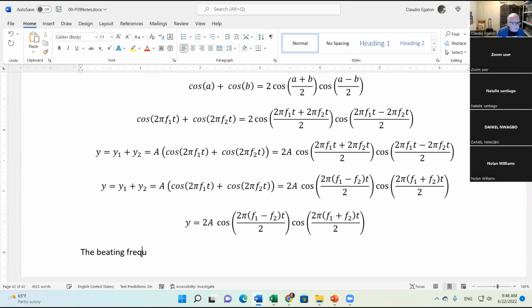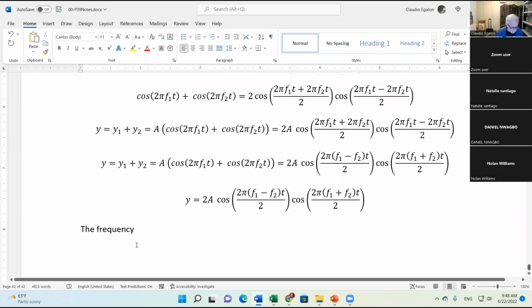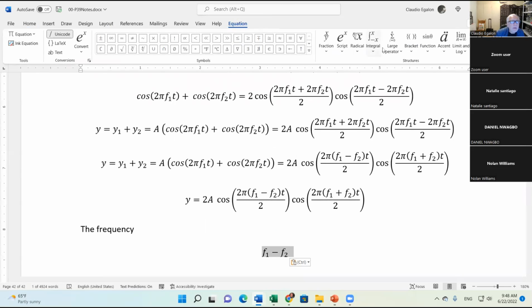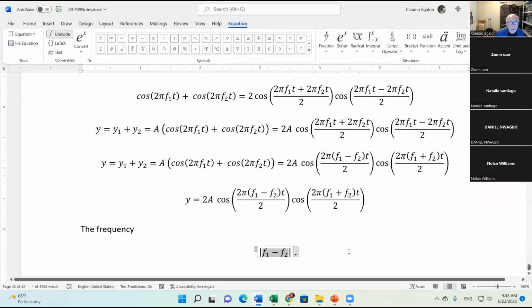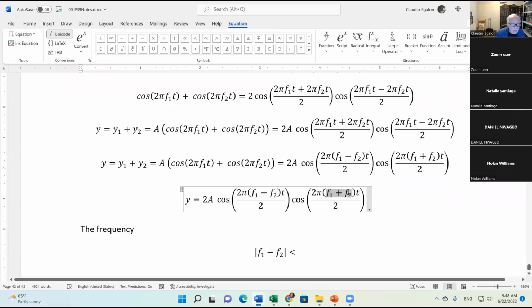The beating frequency is, let's say, the frequency F1 minus F2, in magnitude. It is lower than the other frequency, right?